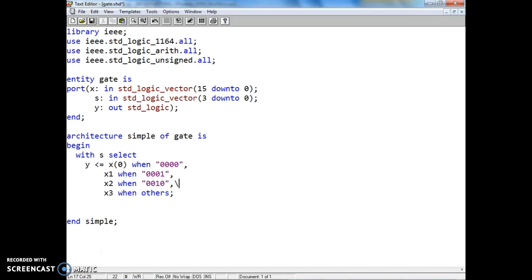Yes, when others, and many lines here, here, and x1 must be put here, x2 here, and x15 when others.